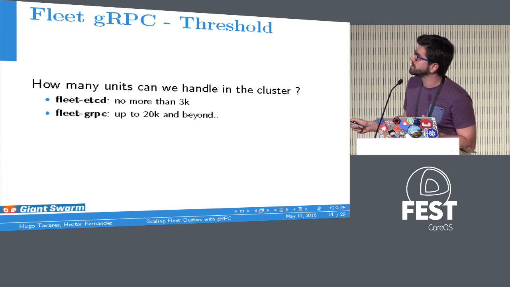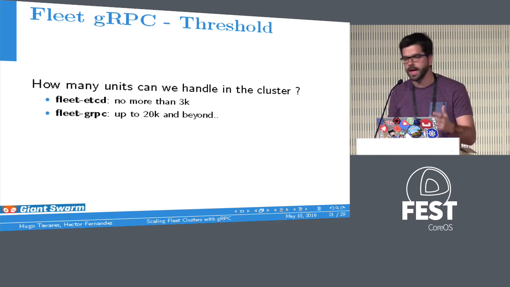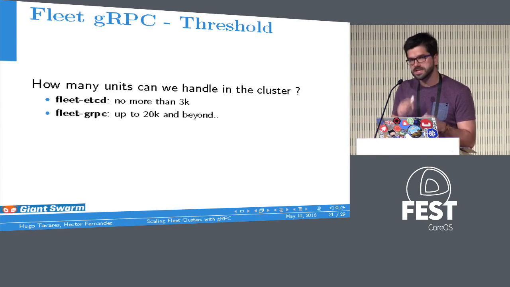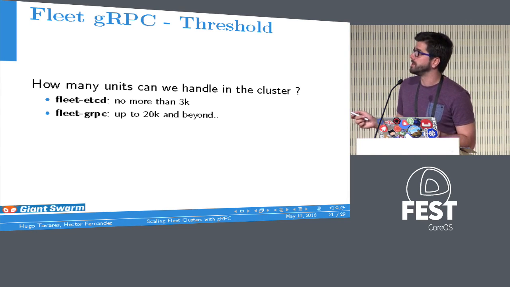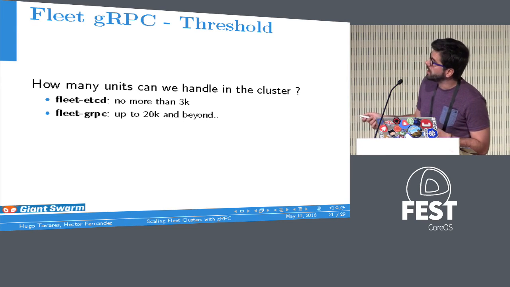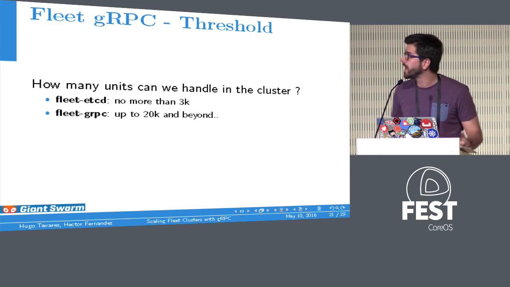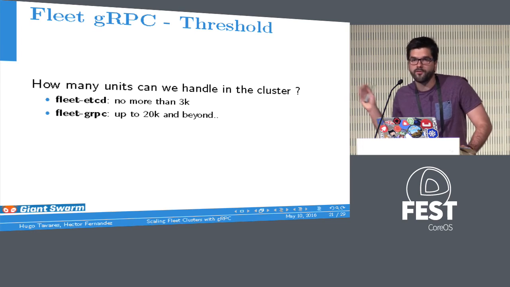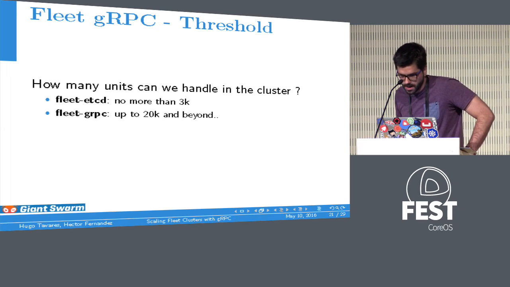We figured out that with fleet and the current version, even tweaking and hacking some of the parameters you can set via CLI arguments, we couldn't go much higher than 3K units, and this is not too much. Then we played with gRPC, and we found out that we could go to more than 20K systemd units and far beyond that. So yeah, we were happy, and that's an example.